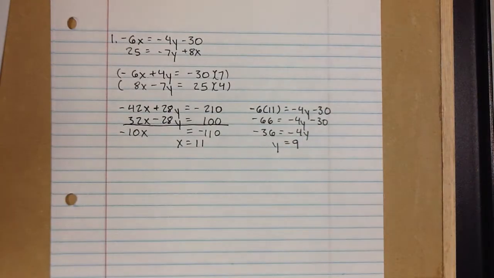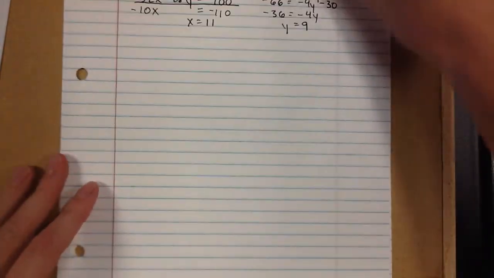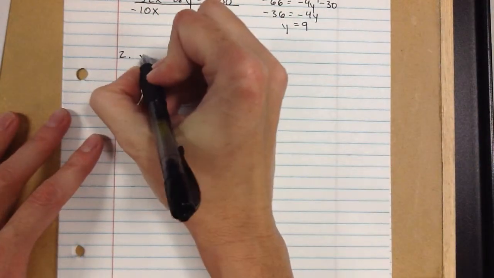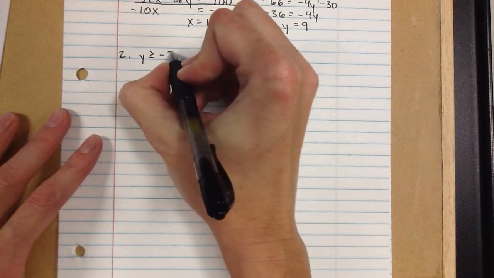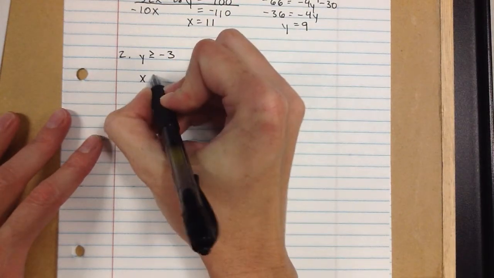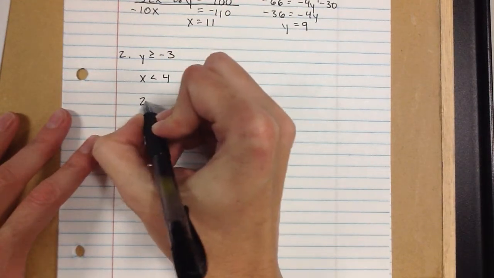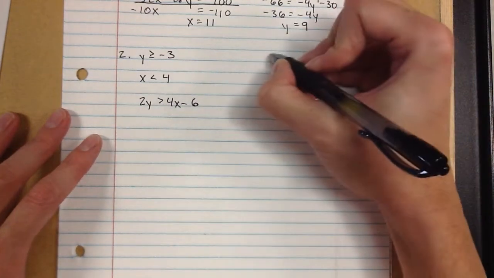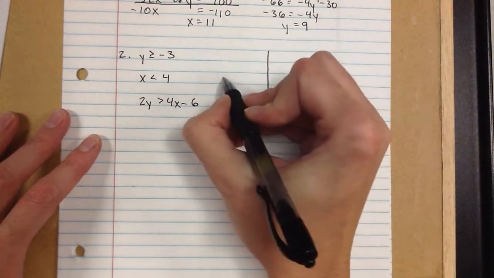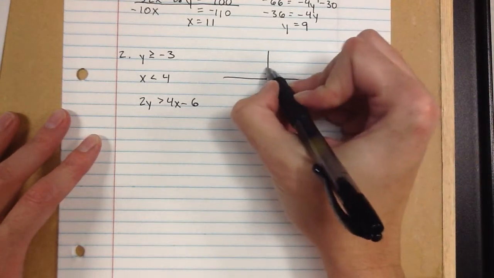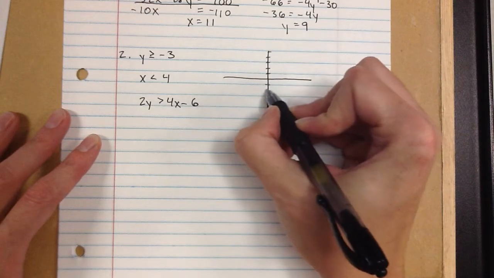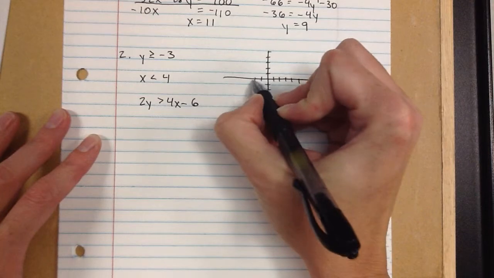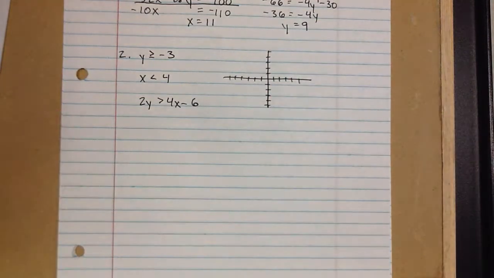Alright. So, the next one we have here is inequalities. So, I have y is greater than or equal to negative 3. X is less than 4. And 2y is greater than 4x minus 6. Okay.